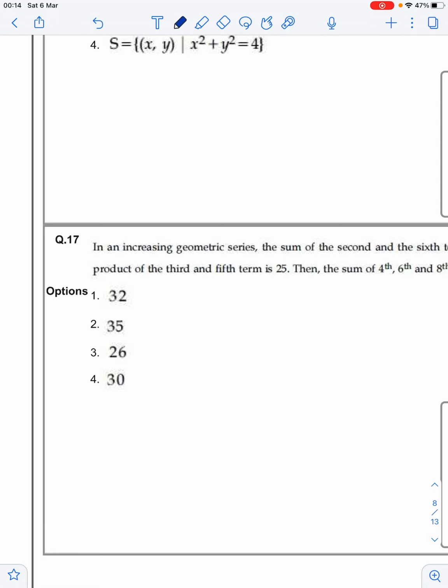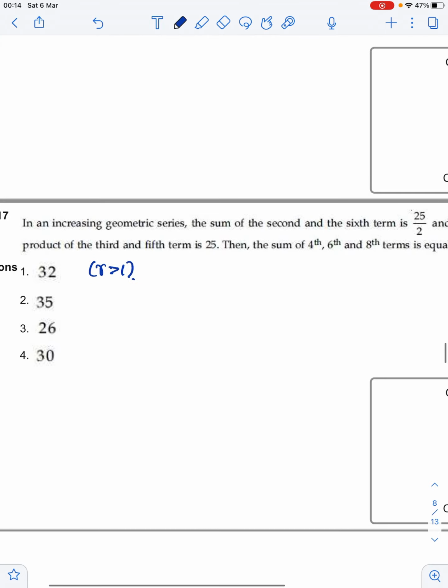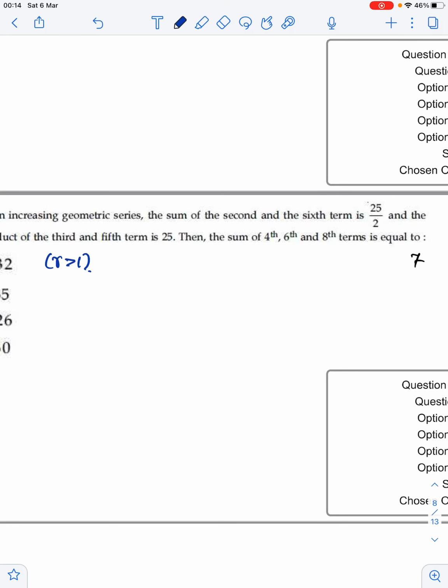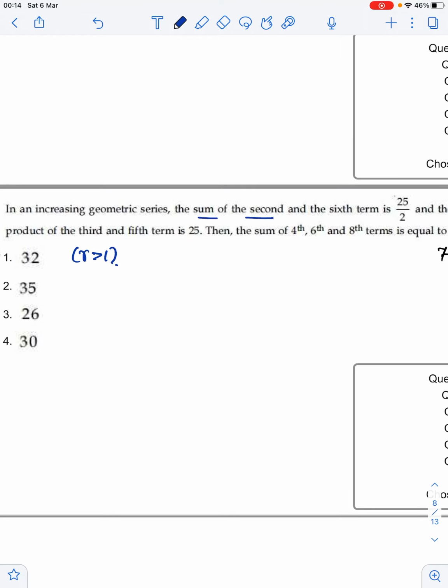Question number 17. In an increasing geometric progression, obviously r is greater than 1. The sum of the second and the sixth term is 25 by 2, and the product of the third and fifth term is 25. So let us follow. The sum of the second and the sixth term: the second term is AR and the sixth term is AR to the power 5, which is 25 by 2.